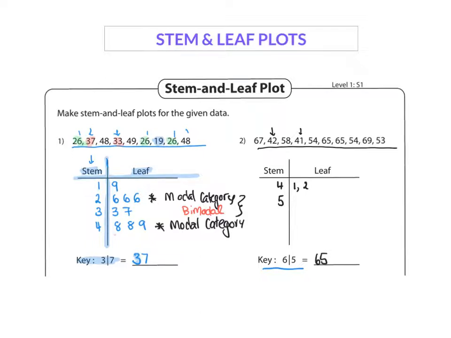The lowest in the 5s is a 3, then I have a 4, another 4, and then I also have an 8. Then I have the 6s, and my lowest is 65, and I've got two of them, then I have a 67, and the last leaf is a 9, so there we go.